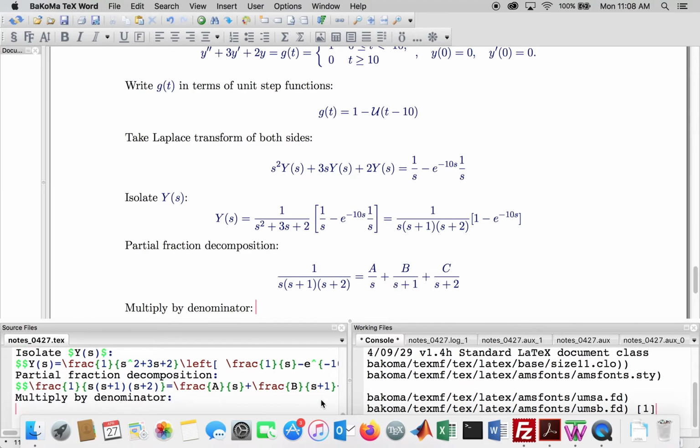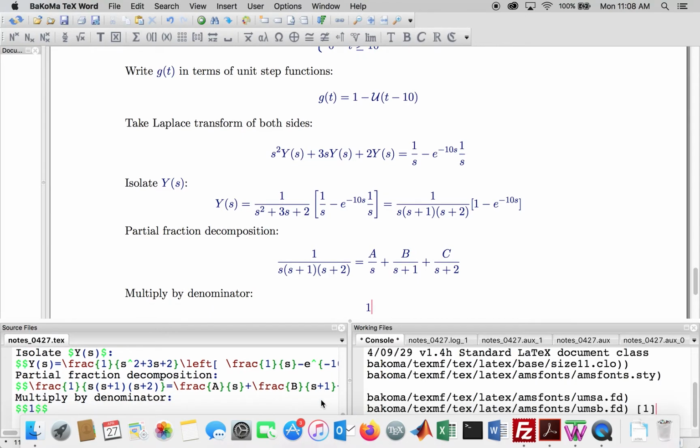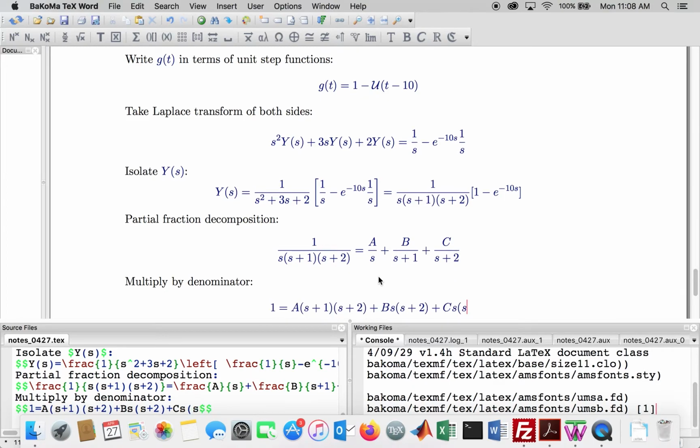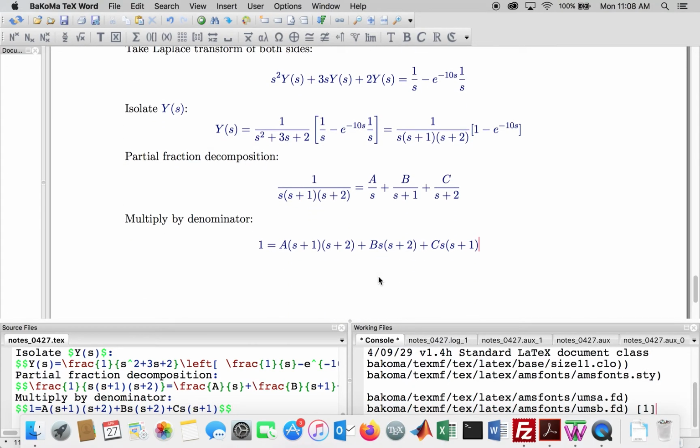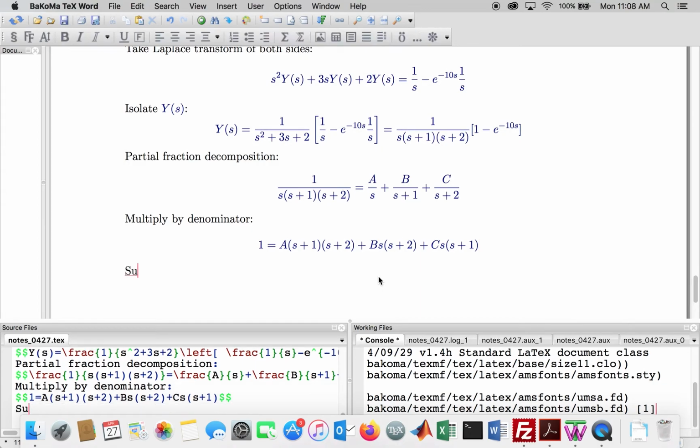All right, multiply through by the denominator, we get 1 on the left side is equal to A times whatever is not below it. So s plus 1, s plus 2, plus B, s times s plus 2, plus C, s times s plus 1. So in this case, we have convenient s values that we can substitute in to get our coefficients.